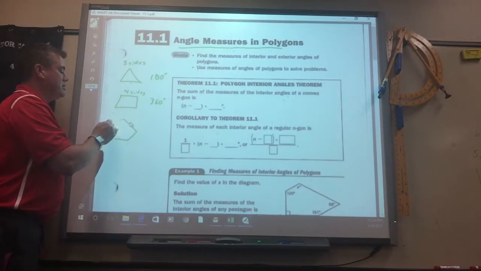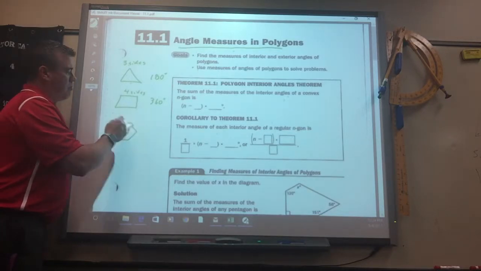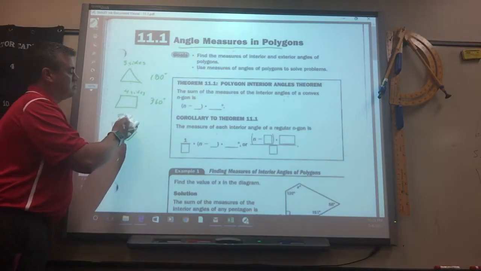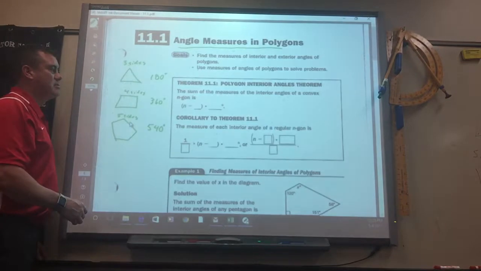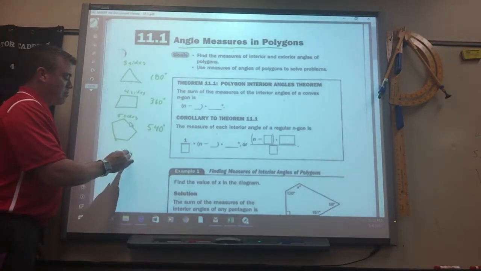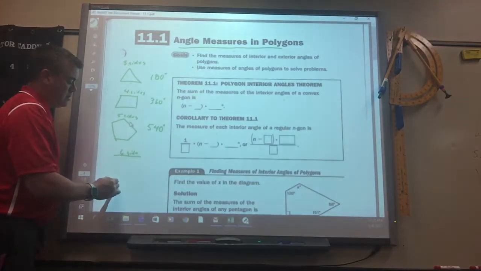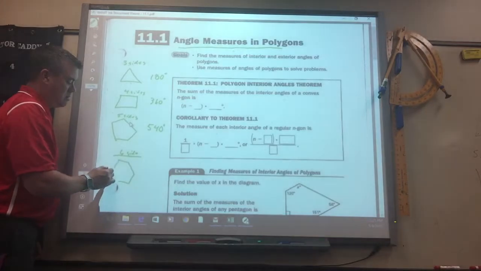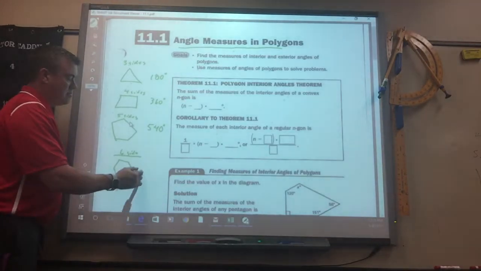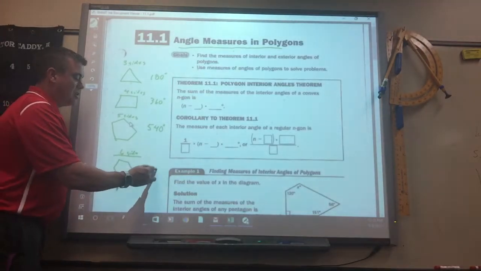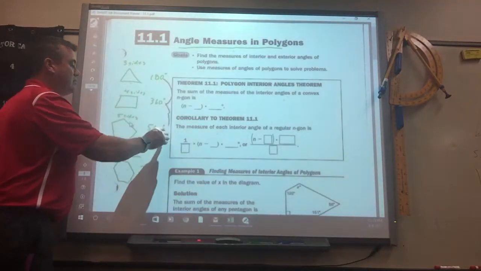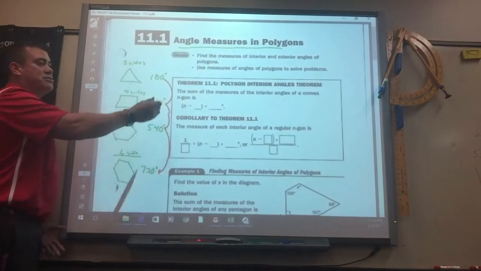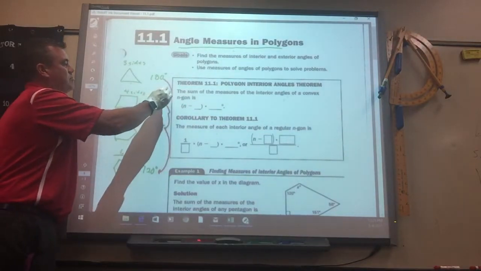Any pentagon? 540. A hexagon? 720. Okay, so do you see what happens every time you add a side? 180. A side is a straight line, so you add 180.